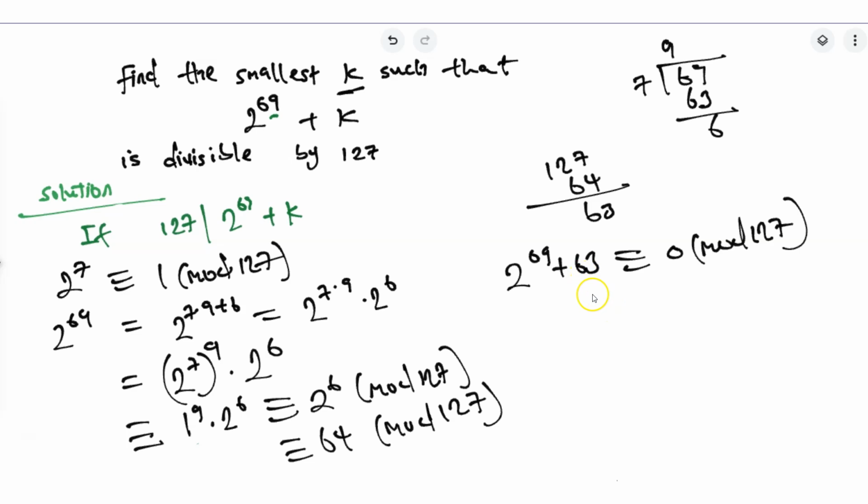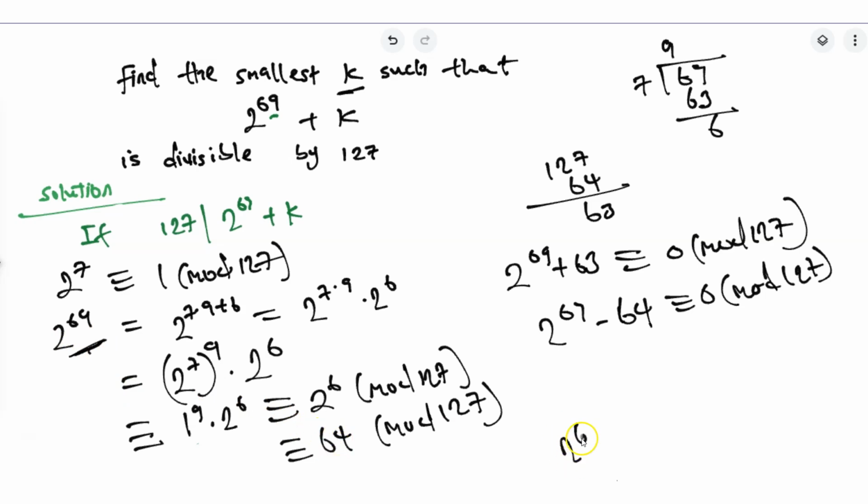So this means that 2 to the power of 69 plus 63 is congruent to 2 to the power of 69 minus 64, which is congruent to 0 modulo 127, because already 2 to the power of 69 is congruent to 64. That means 2 to the power of 69 minus 64 is congruent to 0 modulo 127. That is why we subtracted 64 from 127.